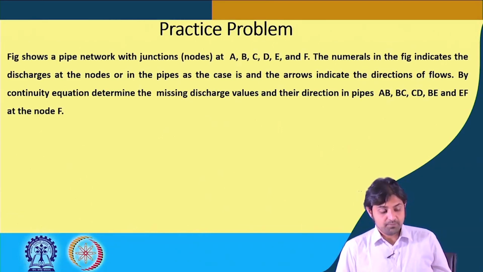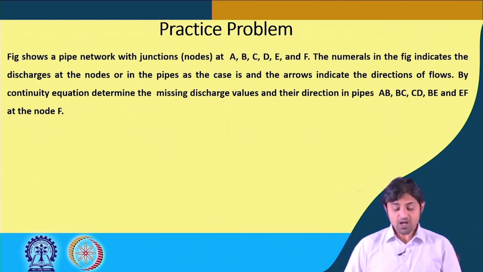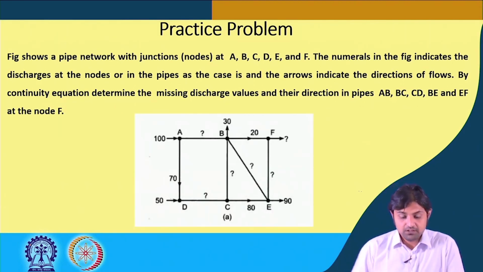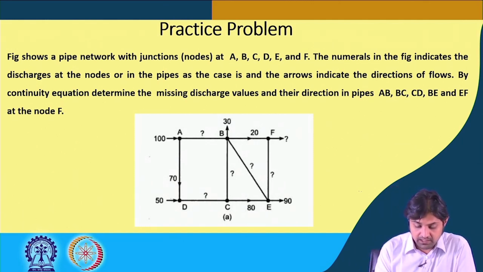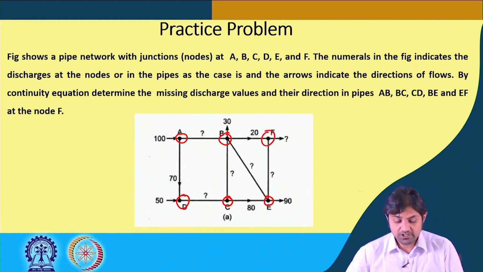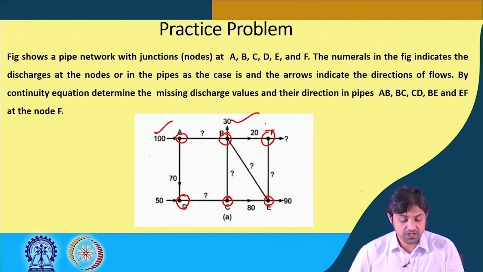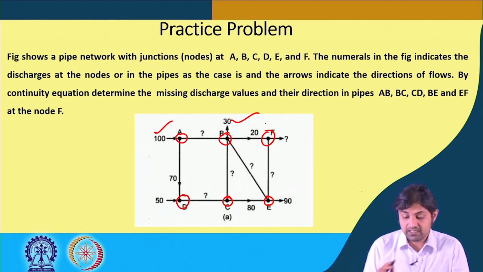So we are going to see a practice problem. This figure shows a pipe network with junction nodes at A, B, C, D, E and F. The numerals in the figure like 100, 30 indicate the discharges at the node or in the pipes as the case is, and the arrows indicate the direction of the flows.